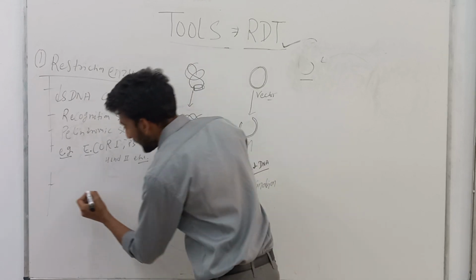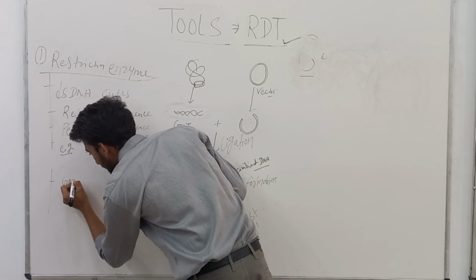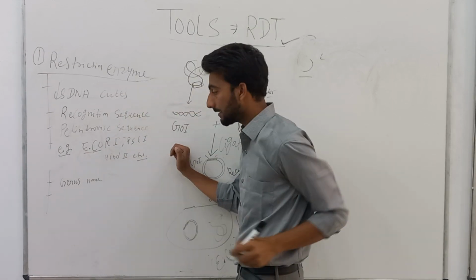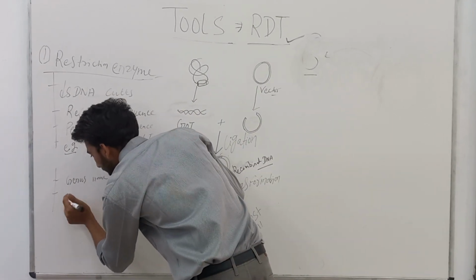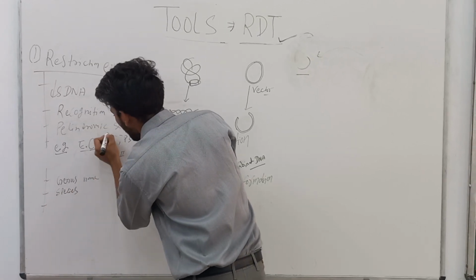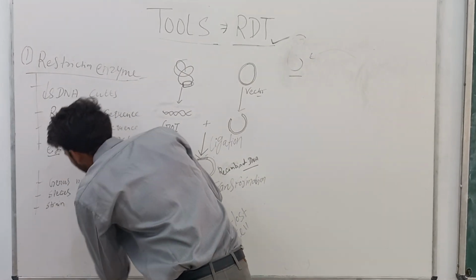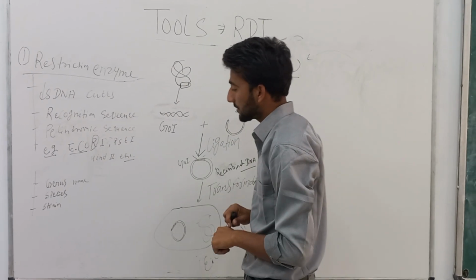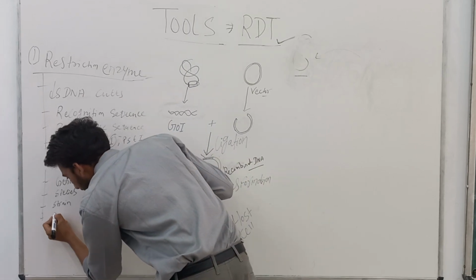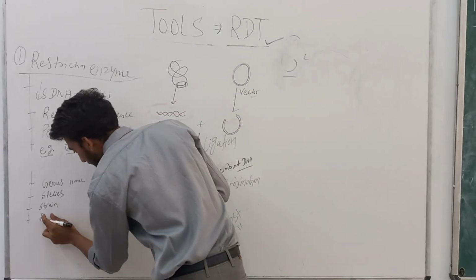See, the first letter represents the genus name, the second and third letters represent the species name, the fourth letter represents the strain from which we isolate this restriction enzyme, and the last Roman numeral represents the order in which we first isolated this restriction enzyme.